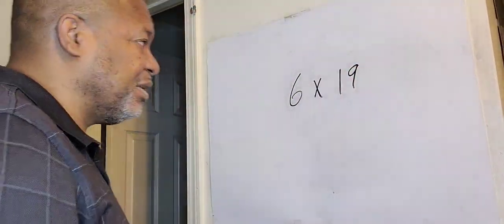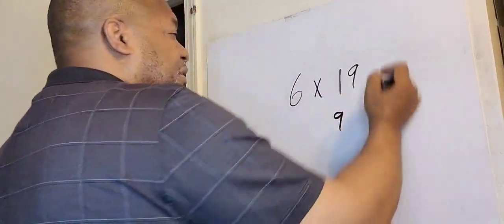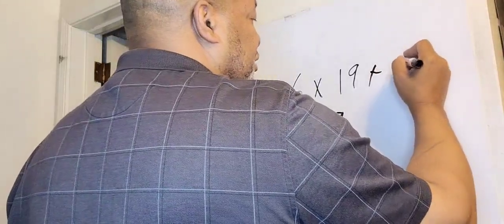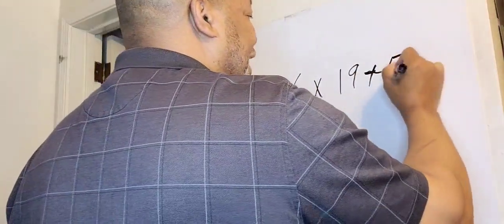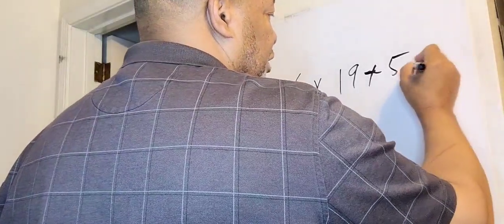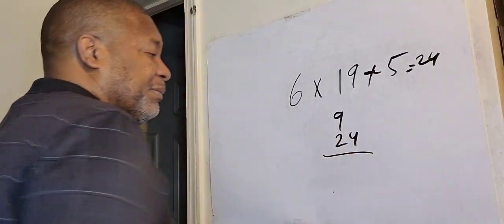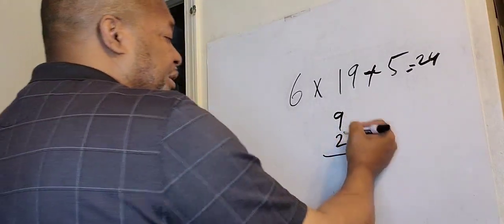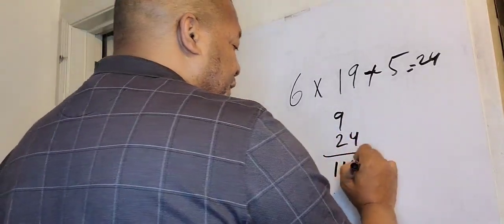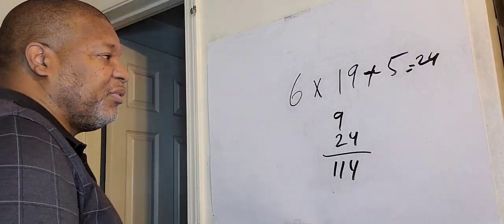So 19, again, we pretend it's 18. And so we know 18 is a 9. And then we go 19 plus 5 is 24. We put down 24. And we simply add the columns up. 9 plus 2 is 11. And 4. So it's 114. And that's it. Very simple.